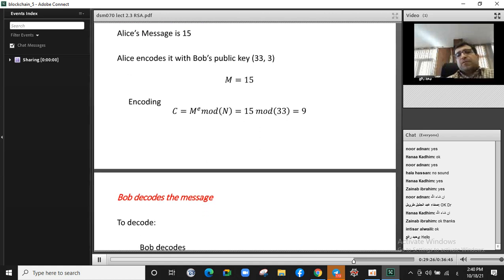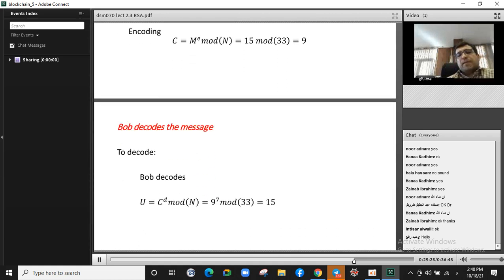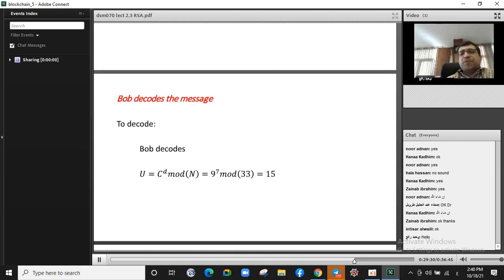As we saw, we use this formula to encrypt the message. C is the ciphertext, the encrypted message. The encrypted message was 9, and now the unciphered message U is equal to ciphertext to the power D mod N. We use this formula to decrypt.